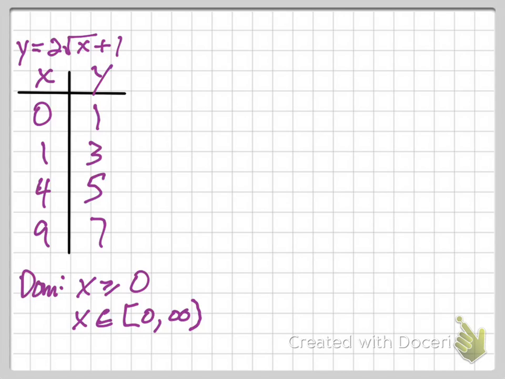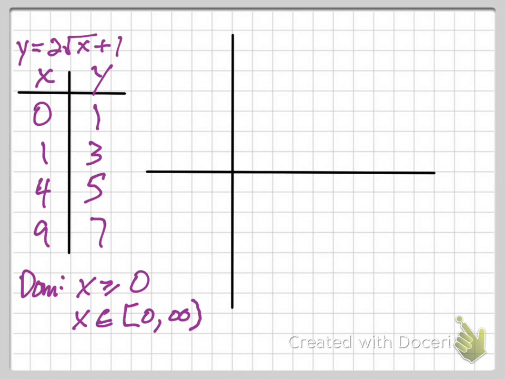But let's graph this. All right, so my y-axis, my x-axis. I'm just going to plot these points. 0, 0 is right here. 1, 3 is there. Wait, 0, 1. Oh, I'm sorry.